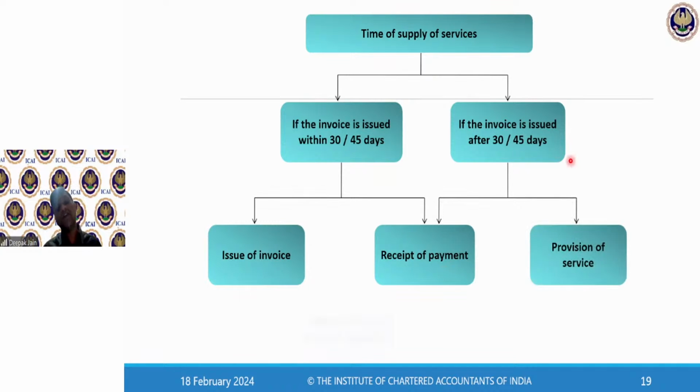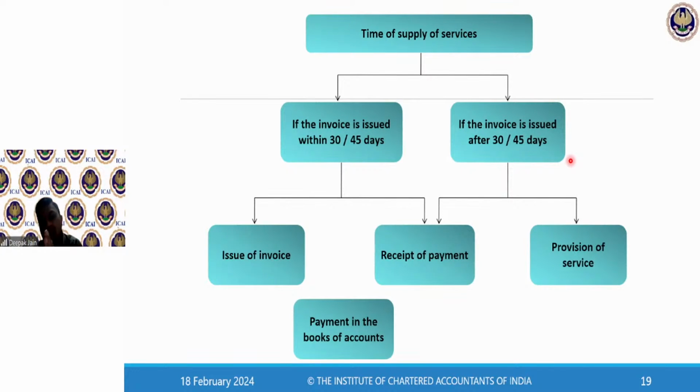In case I delay my invoice, the government is giving a time of 30 days, and 45 days in case of a banking company, insurance, and financial institution. So if I don't issue the invoice on a timely basis, then the time of supply will be the payment or provision of the service.